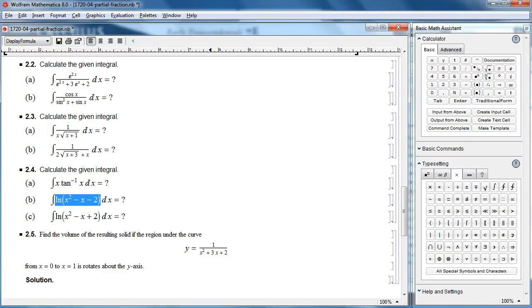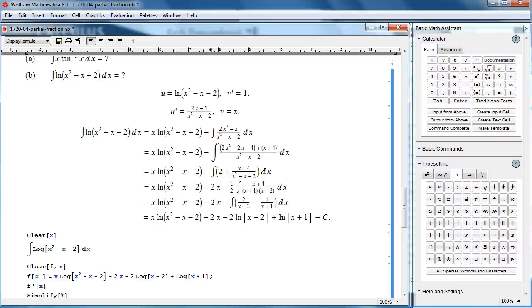Again, if you use integration by parts, wait a minute, is this an integration by parts problem? It can be done with integration by parts, but also you can decompose it using some logarithmic rule, I think.